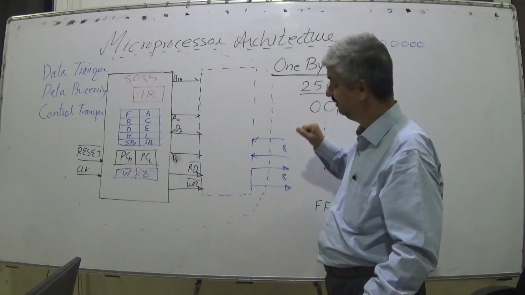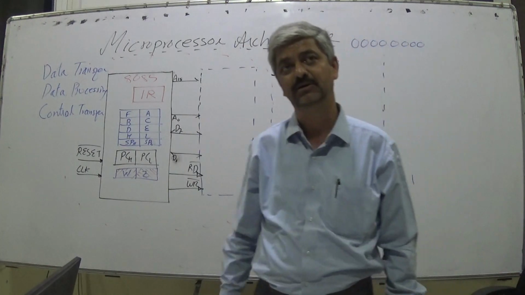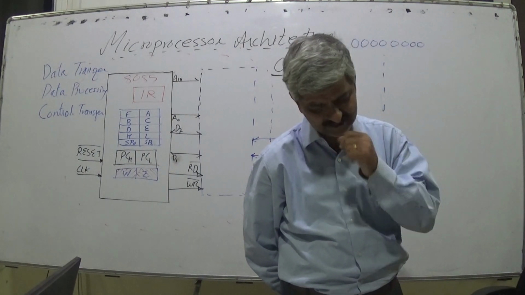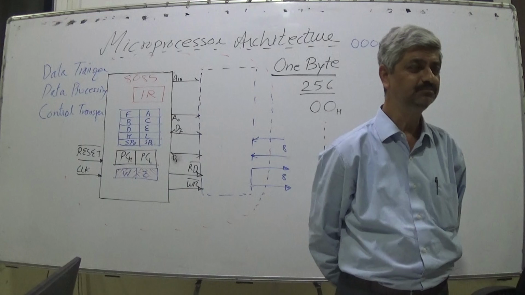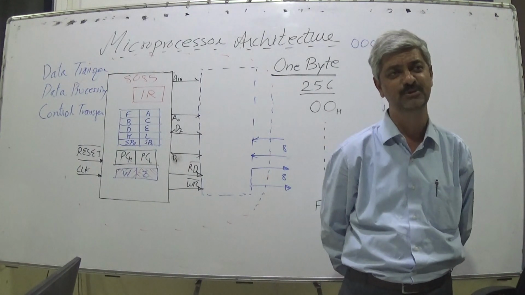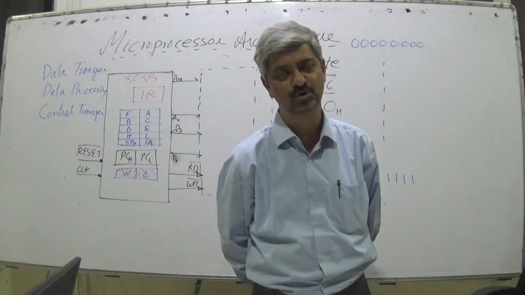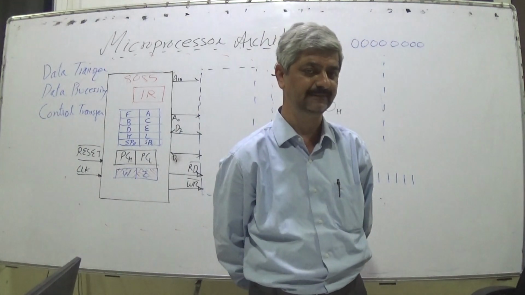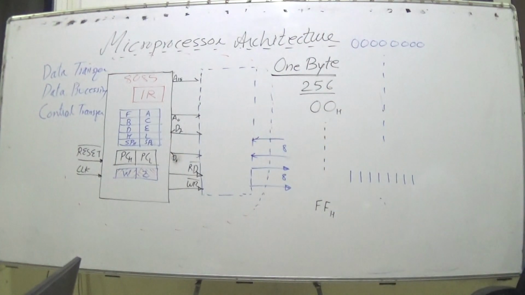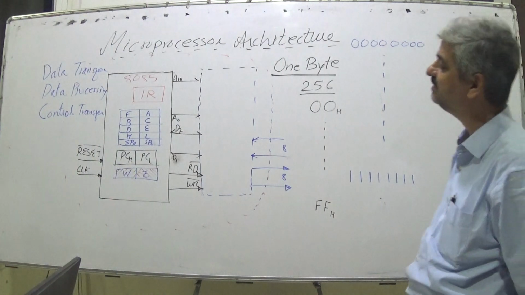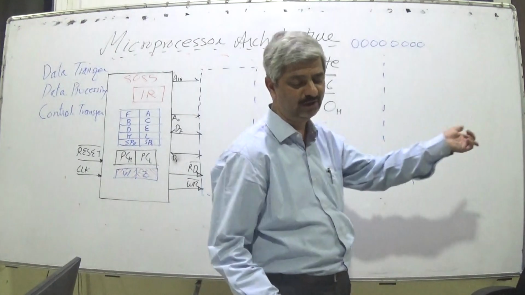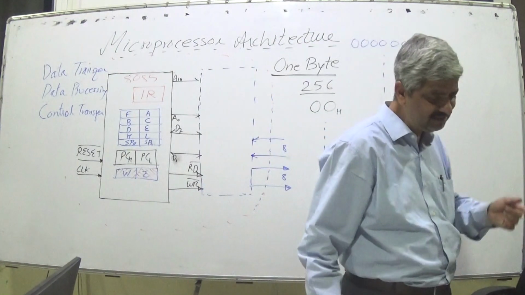Suppose I want the total number of instructions to be 2000. If the total number of instructions is to be 2000, how will you sequence them? How will you number them? Which code means what is a table.